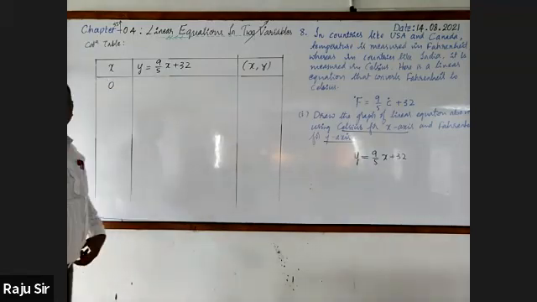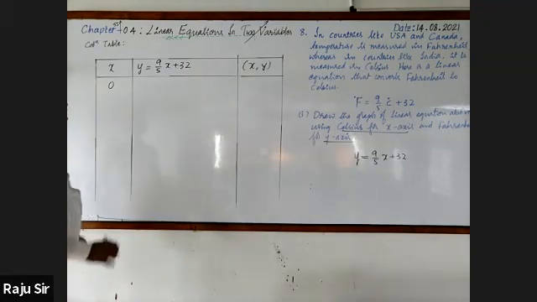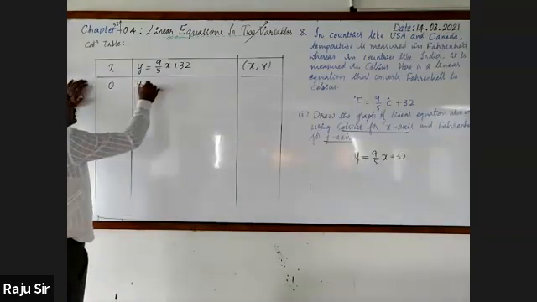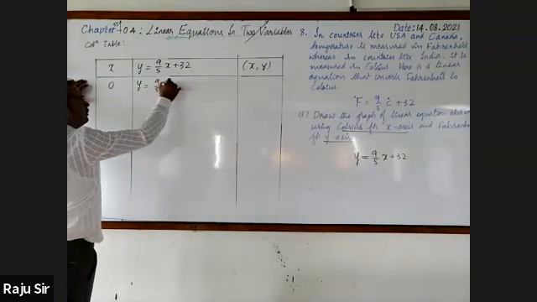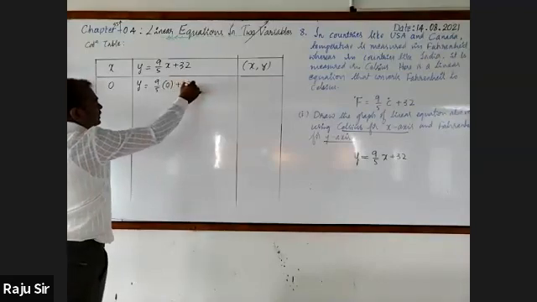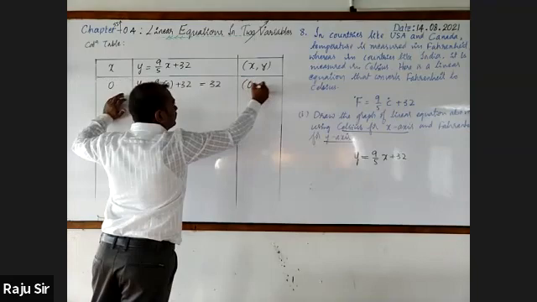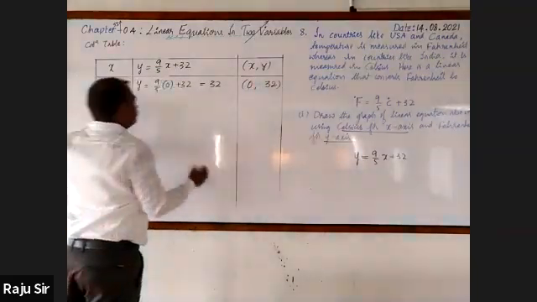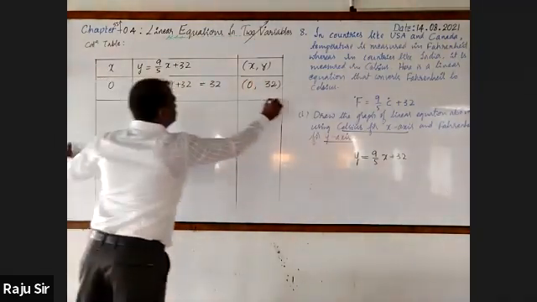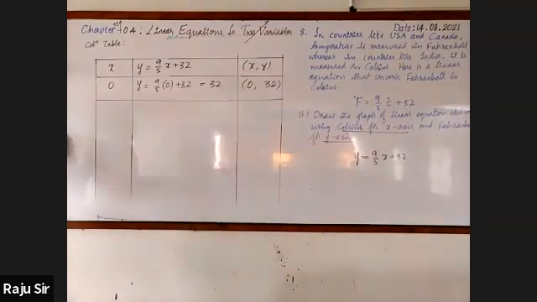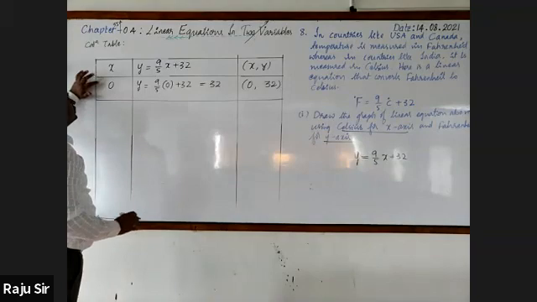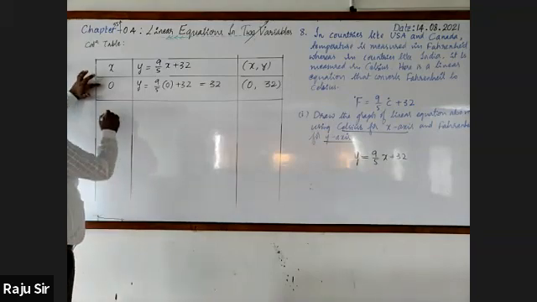Go on writing with me. y is equal to 9 by 5 into 0 plus 32, which is equal to 32 only. Right? 0 comma 32.